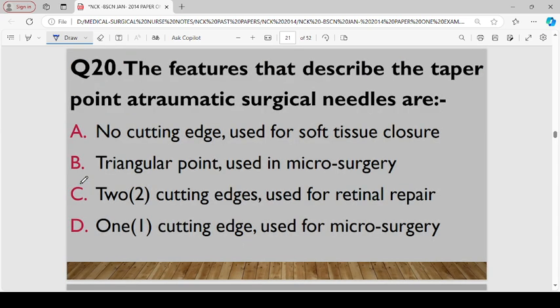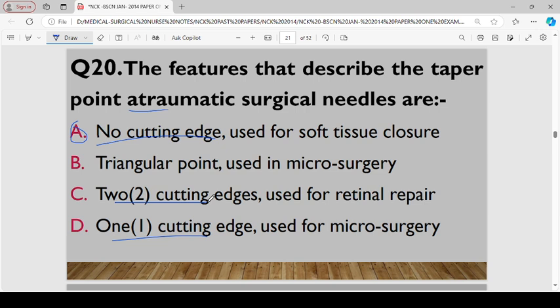The features that describe taper point atraumatic surgical needles. Atraumatic means without trauma. So that should just guide you to A, right? No cutting. Atraumatic. Remember, when talking about one cutting edge, this one is normally seen in specialized needles, while the two cutting edge used for retinal repair is normally used in delicate areas like the eye, as they have indicated.